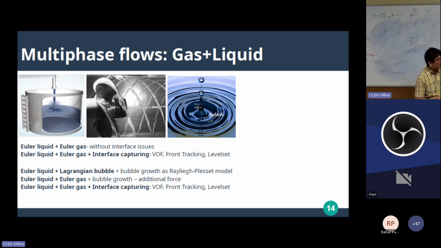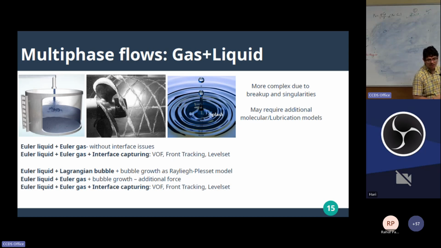Even at that level, there will be additional things, like resolving discontinuities becomes non-trivial because equations are not available. All the time you have a liquid phase that gets stretched, like a kitchen faucet or tap: when you open it, a liquid stream comes. Suddenly at one point, the liquid breaks and a droplet goes.